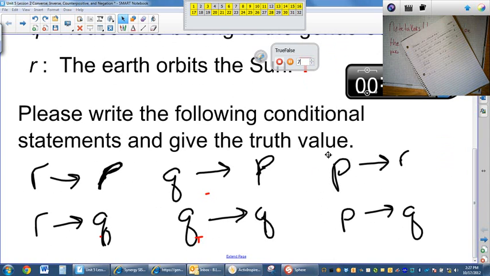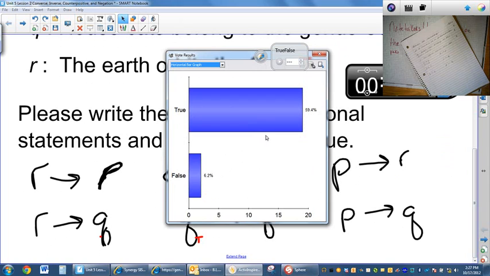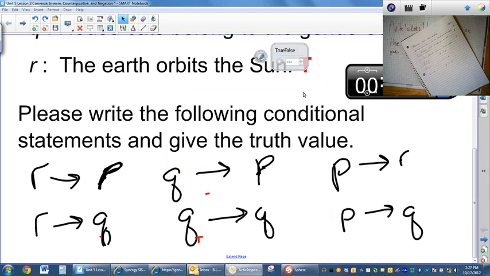If P, then R. You have 5 seconds. It is true, good, because if true, then true is true.